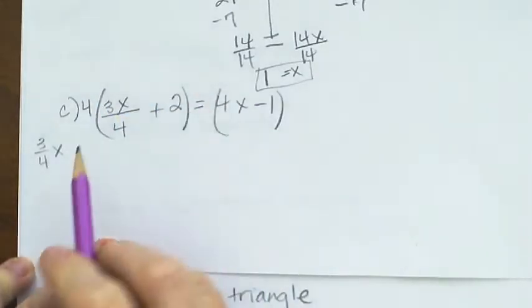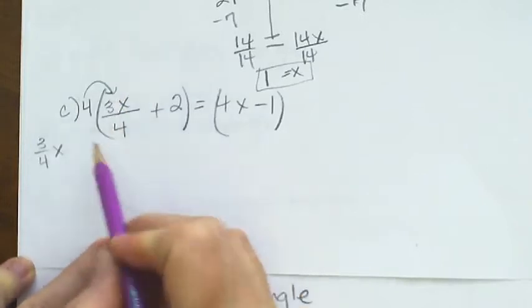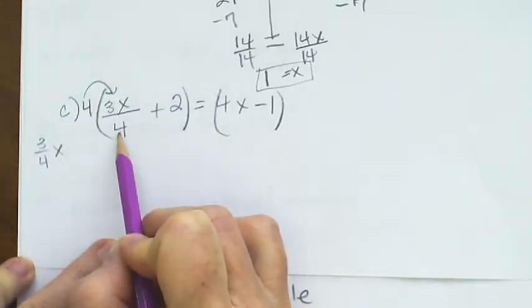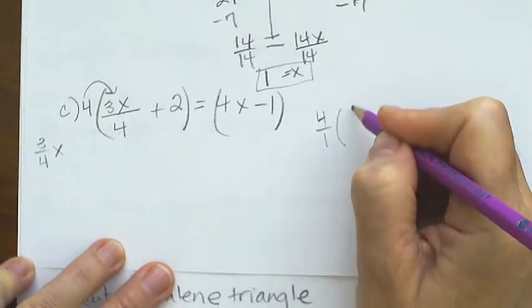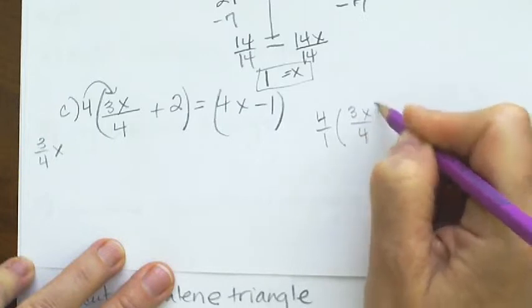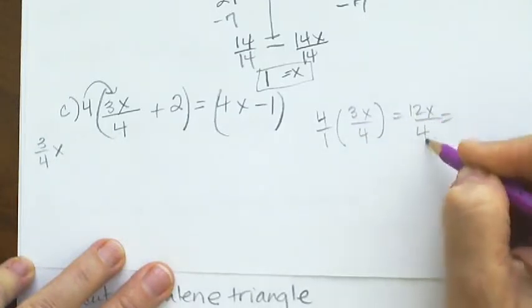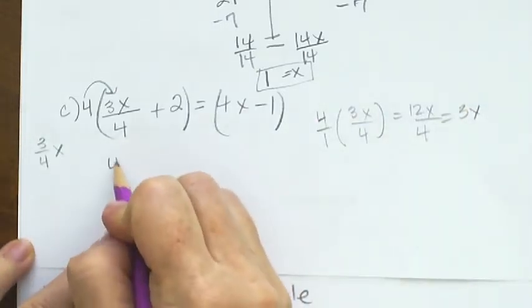by 4. If I multiply by 4 on the left side, what that's going to do is 4 times 3x over 4, these 4's would cancel. If I was multiplying 4 over 1 times 3x over 4, that would give me 12x over 4, which would give me 3x.